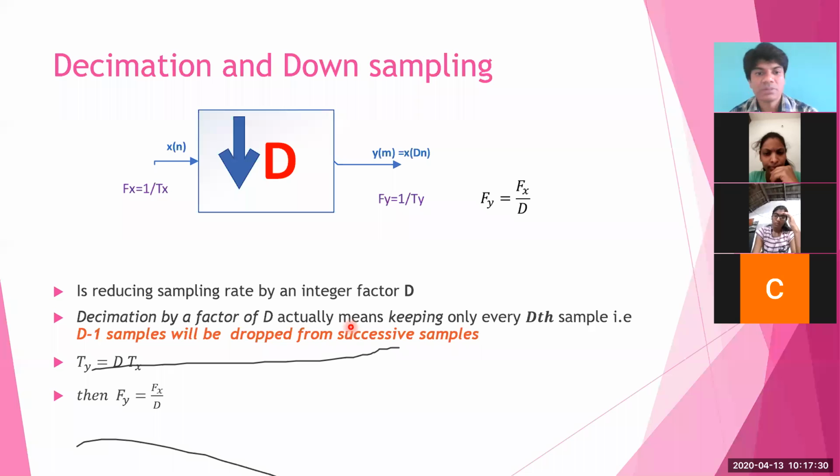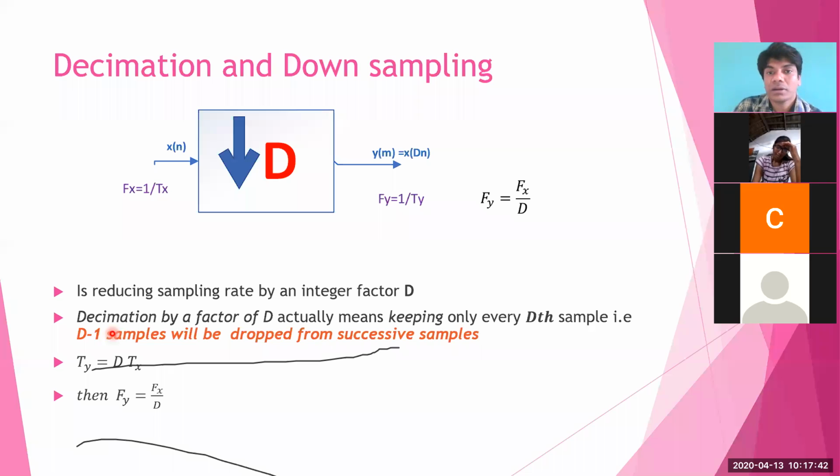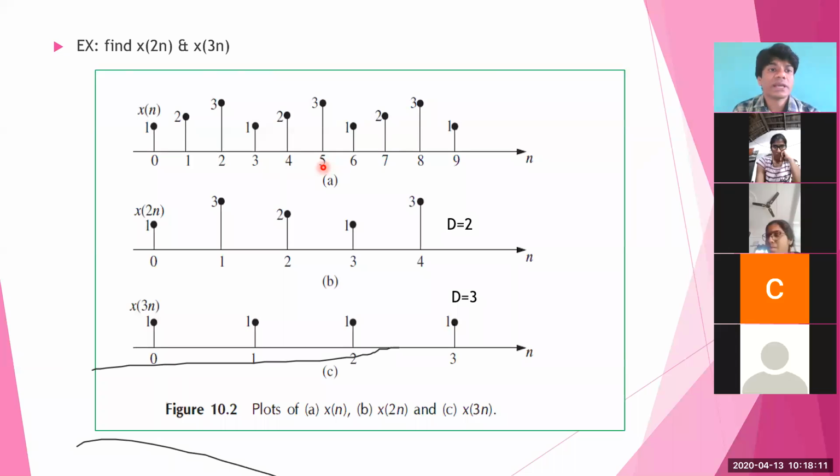In the time domain, if I am decimating something by a factor of D, it means I am dropping D minus 1 samples. We will be discussing this in detail in the next example. But you need to remember this particular point: decimation by a factor D means dropping D minus 1 samples between successive samples, which we will talk about in the next slide. And here you can see this is one example.